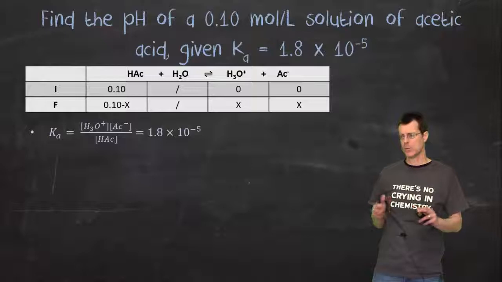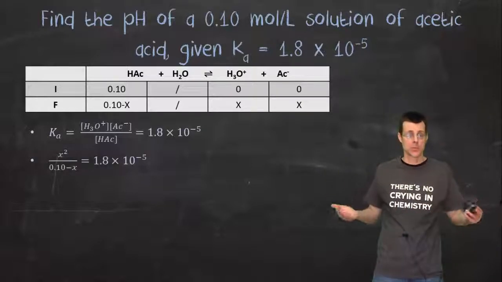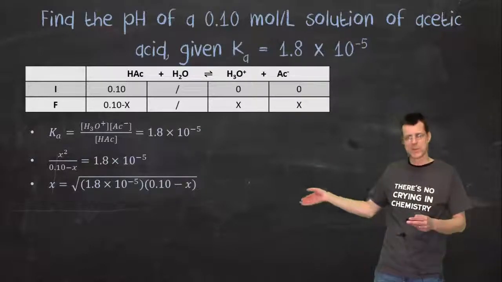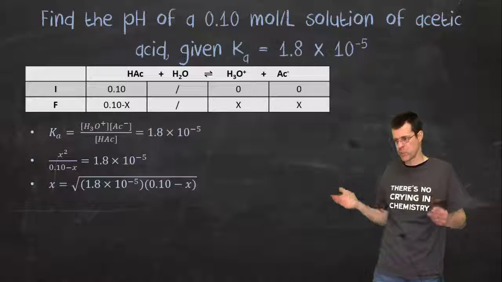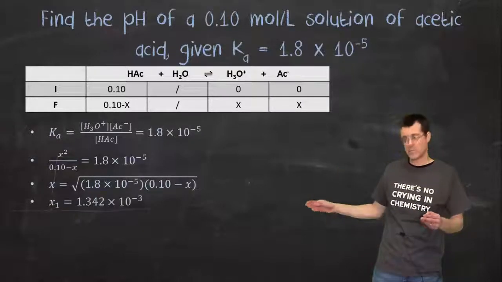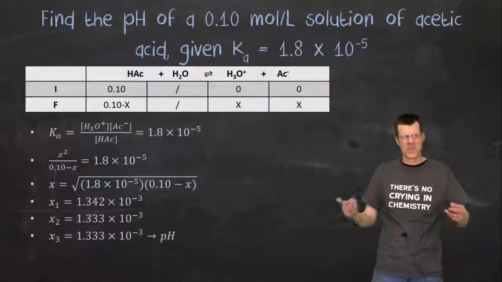You want to have your equilibrium law. You want to have that set equal to what the K value is that you got either from the question or from the tables. You want to start to partially solve it. You want to set up the, whatever you want to call it, the expression here if you're going to do successive approximations. And then I usually just write down x1, x2, x3, end of story. I don't do a lot of explaining.